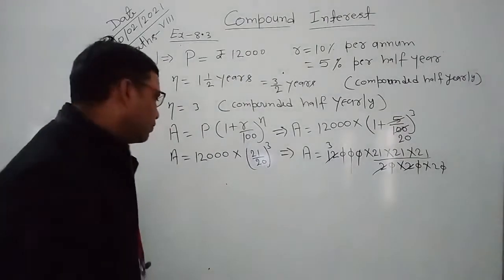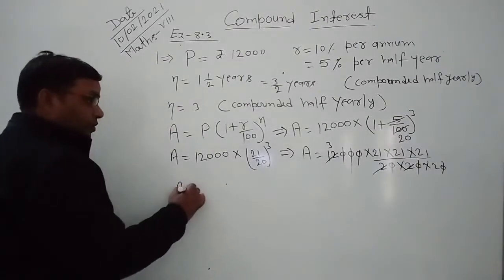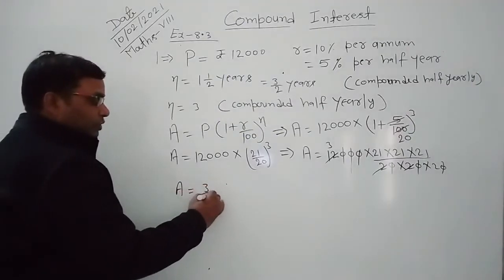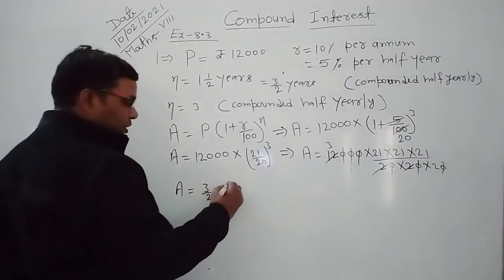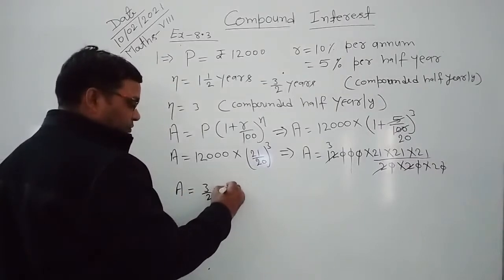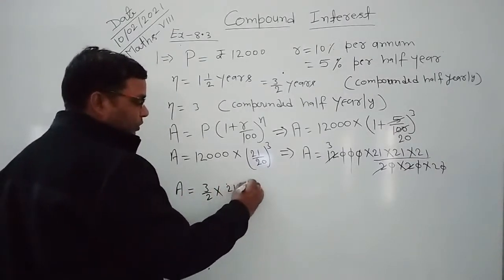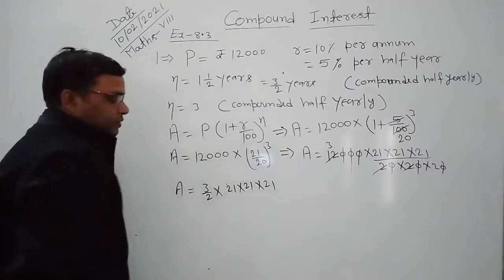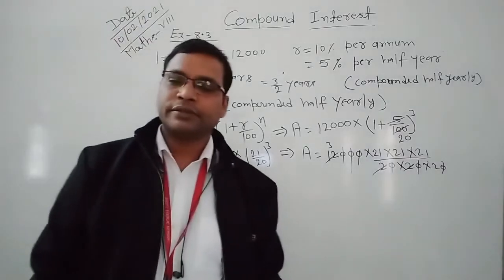So students, in this way you can write here amount is equal to 3 by 2 into 21 into 21 into 21. This is clear.